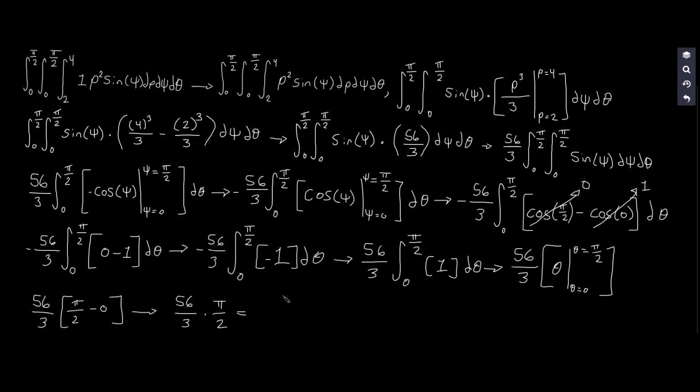And that's going to be 56 pi over 6. And then we can simplify this. I think this is equal to 28 pi over 3, right? Because, yeah, 8 plus 8 is 16. So I'm pretty sure it's 28 pi over 3. And that's going to be our answer.